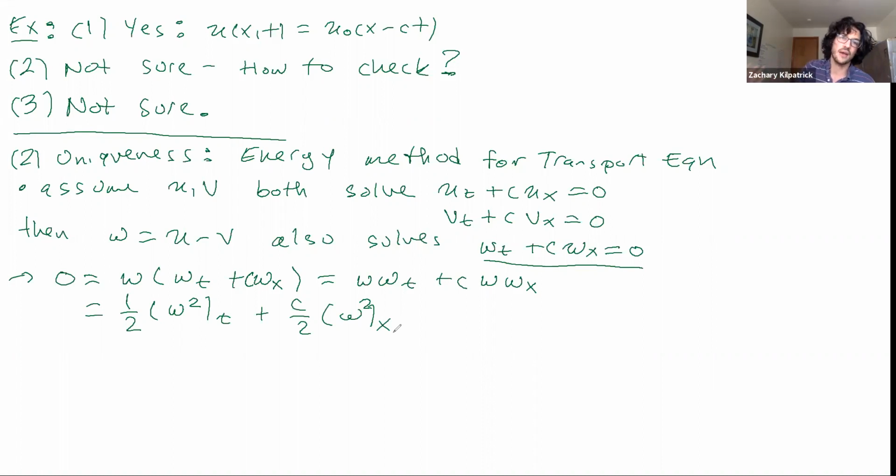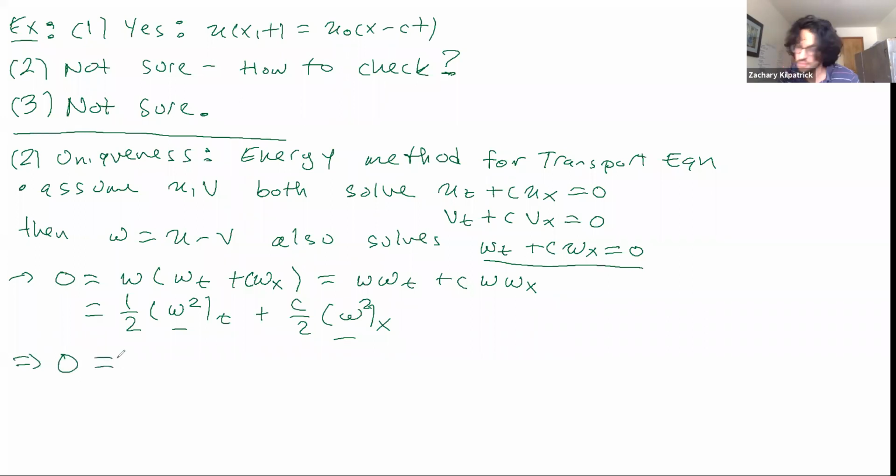You're going to see this pattern over and over when we use this energy method. You usually multiply the PDE itself by the unknown function or the derivative of the unknown function, and you just manipulate it like this in order to get these quadratic terms that are showing up here, okay? So what we have then is if we integrate this left-hand side, again, that should be 0.